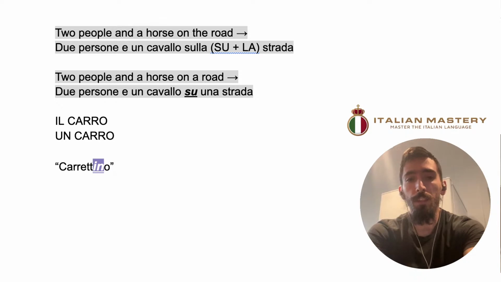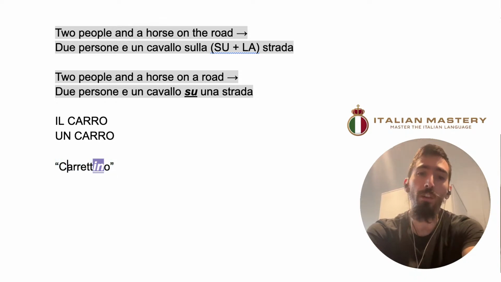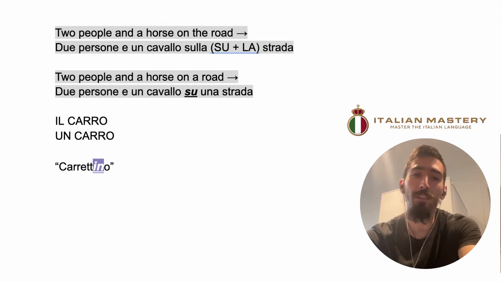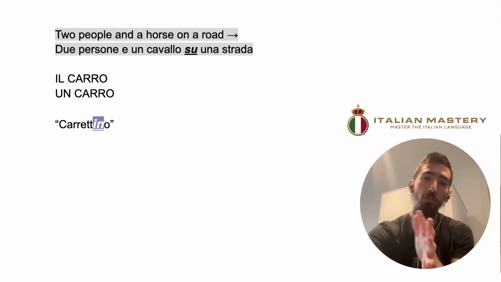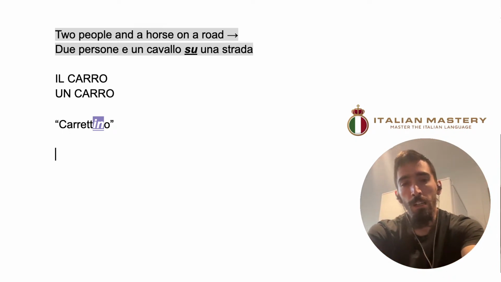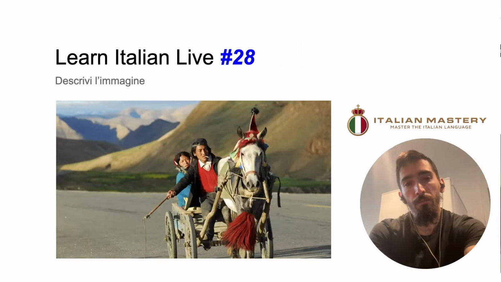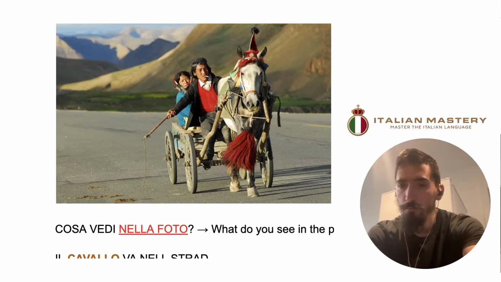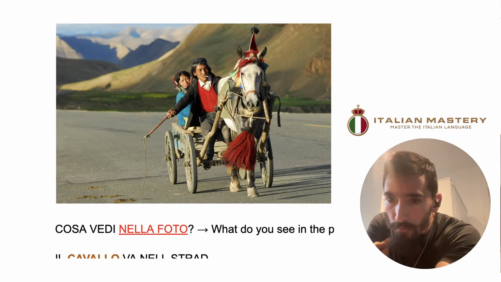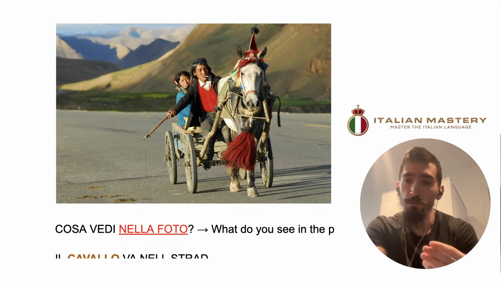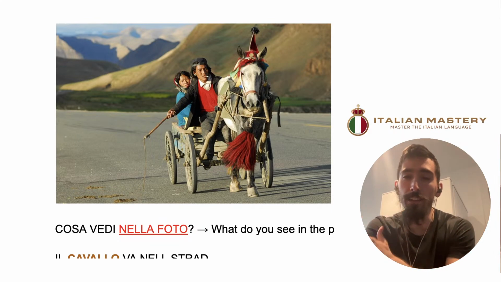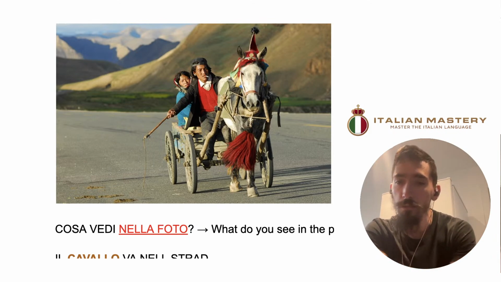So that's why this word is a little bit more advanced. Of course, you can call it carrettino if that's the perspective that you want to amplify or communicate. Vedo il carrettino, and by the way, absolutely correct. Vedo, I see il carrettino. I see the carriage, or the small carriage in this case.